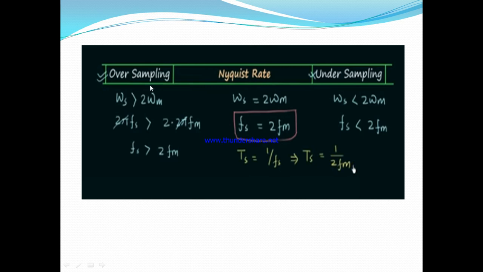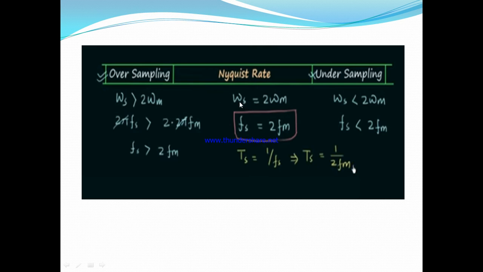Under the oversampling condition, the sampling frequency is greater than 2 fm, so we can recover the message signal from the sampled signal. Under the undersampling condition, the sampling frequency is less than 2 fm, so we cannot recover the message signal from the sampled signal.